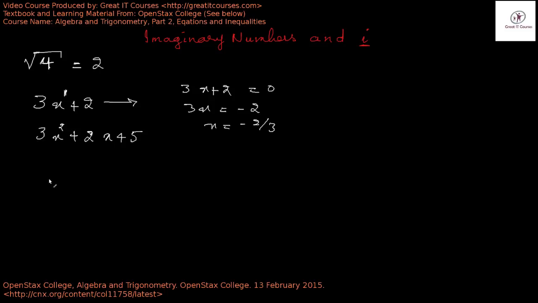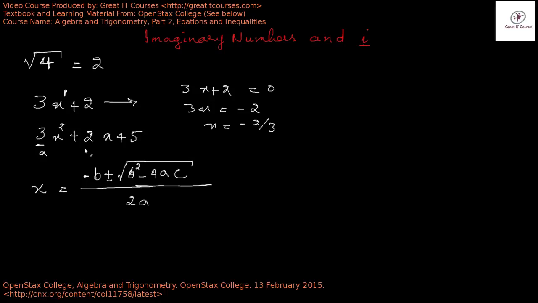Here x is equal to minus b plus or minus the square root of b squared minus 4ac, over 2a. Here a, b, and c are the coefficients of the equation, so you can substitute and solve for x.